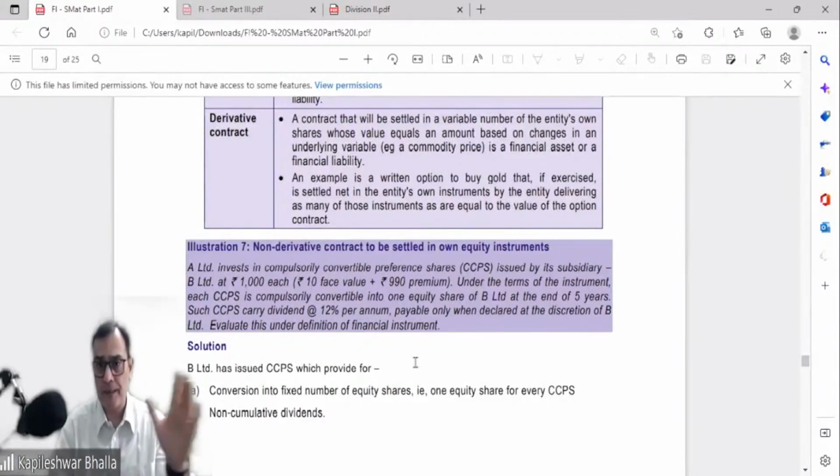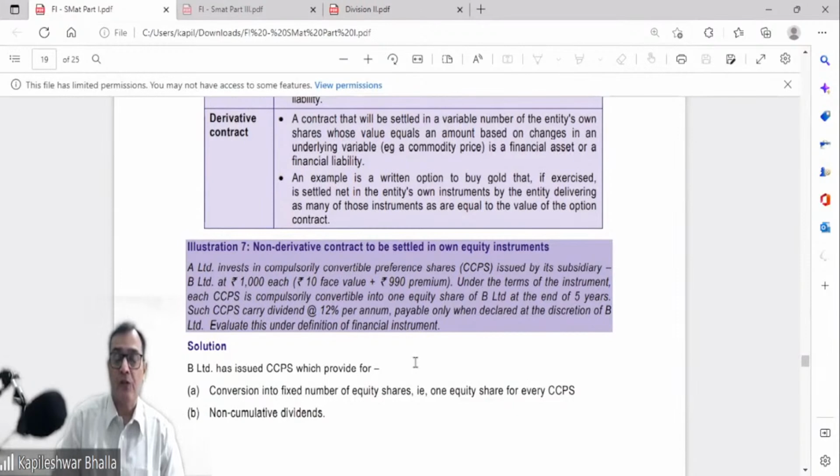Okay, let's come back to illustration 7. It says A invests in a compulsory convertible preference share issued by a subsidiary, 1,000 rupees each, with a face value of 10 and a premium of 990. Under the terms of the instrument, each CCPS is compulsorily convertible into one equity share.